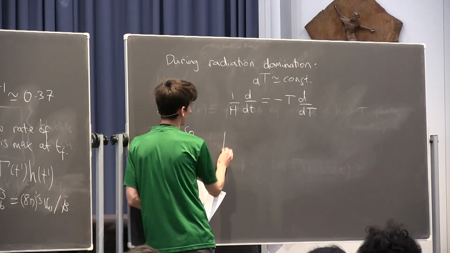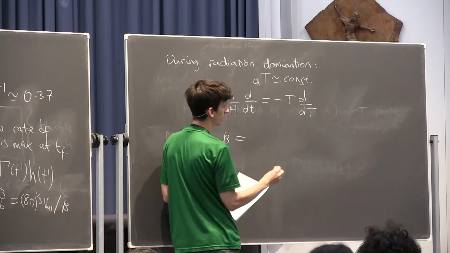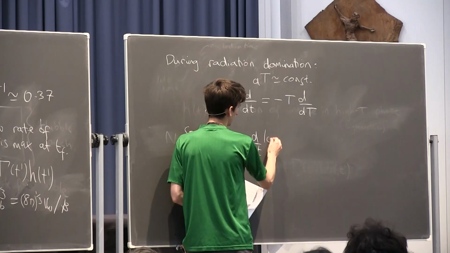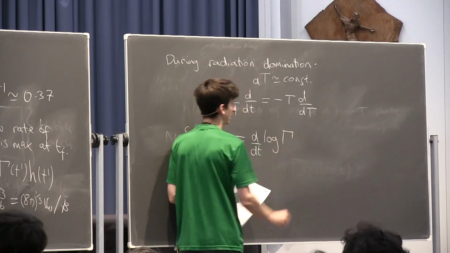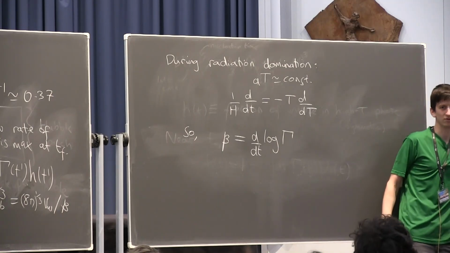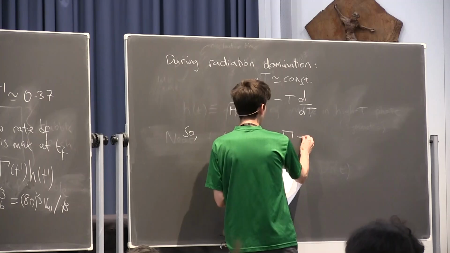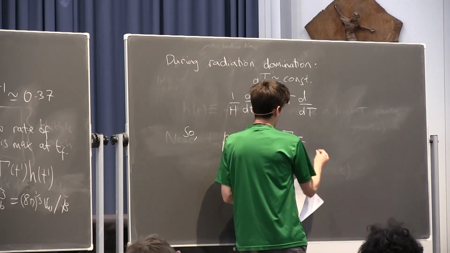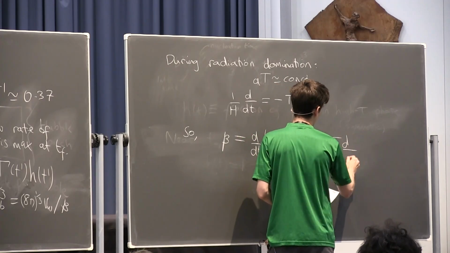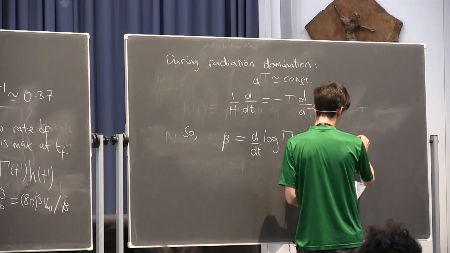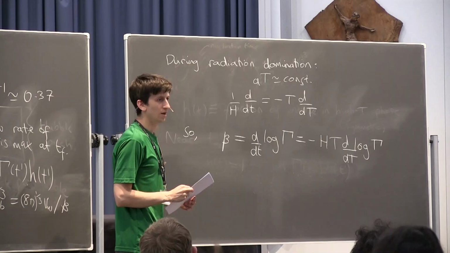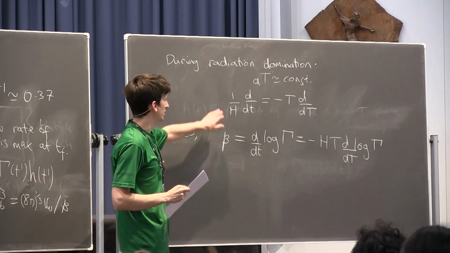So this beta quantity, which we introduced, could be defined by d/dt of the log of the nucleation rate: take the log of the nucleation rate and then take a time derivative. We can then switch this out for minus Hubble times the temperature times d/dT of the log of the nucleation rate, just using this.